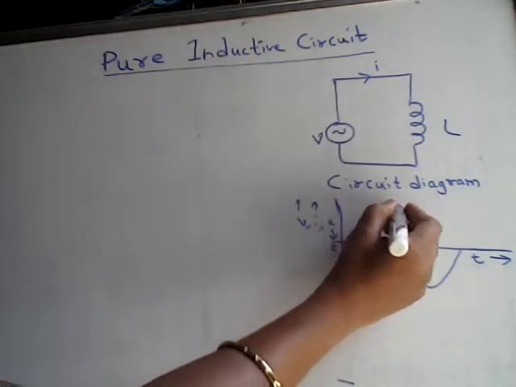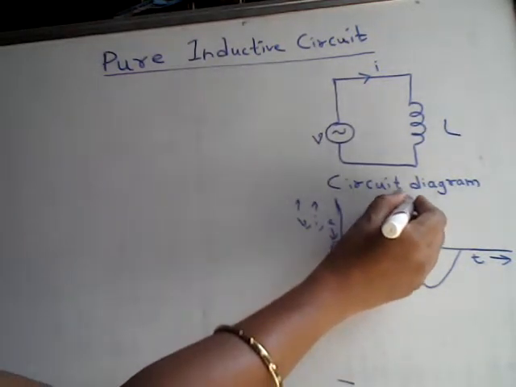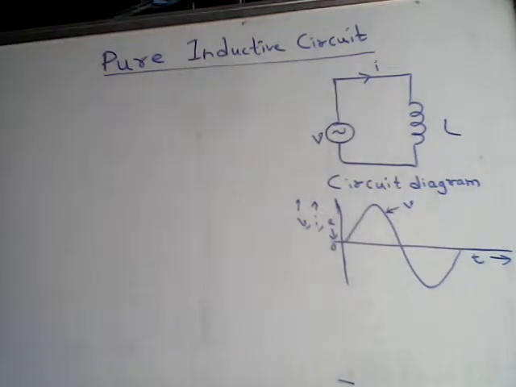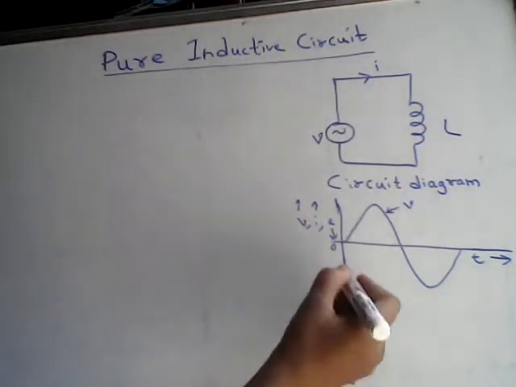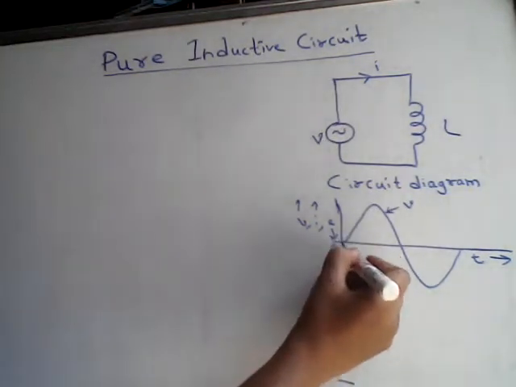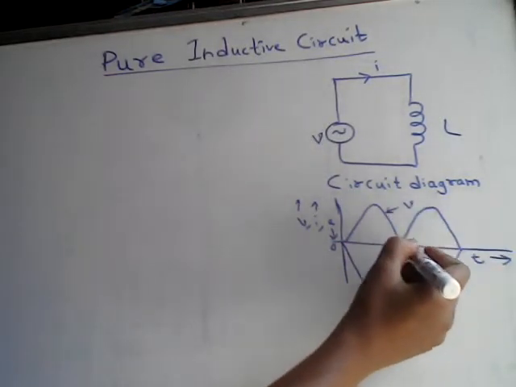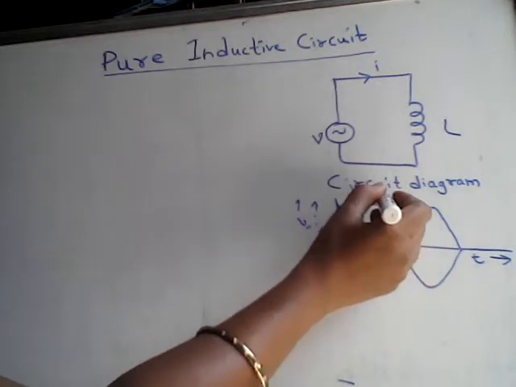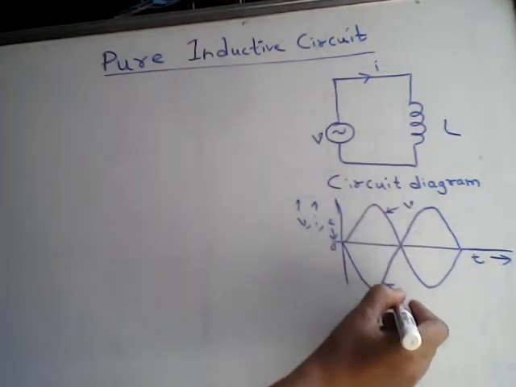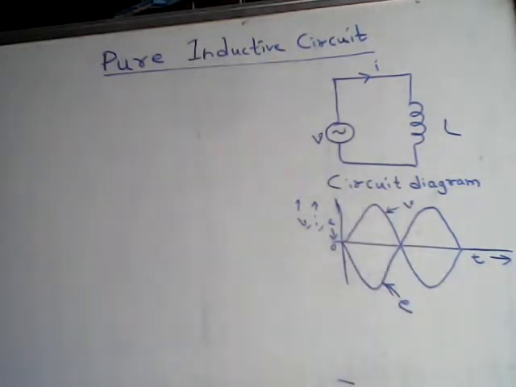So if this is the applied voltage which is represented by small v, then this is the generated voltage which is represented by small e.